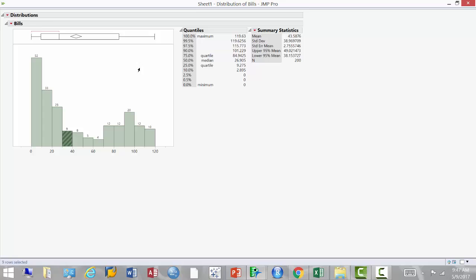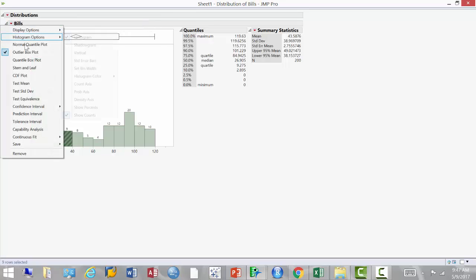So let's see how we can do that. Let's say, for example, that I want my bin width instead of $10 to be 15, okay? How can I do that? Well, if you go to the red triangle, the second one, Bills, and I believe it's in the histogram options, one of the options says Set Bin Width.